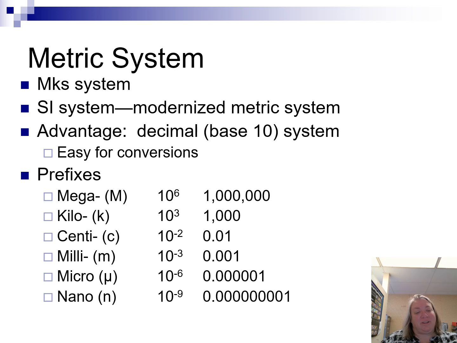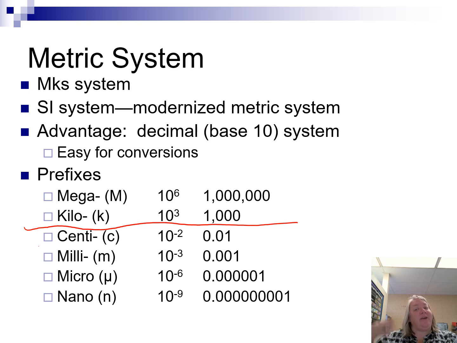So on this one, let's see if I can get my pen to write here. Let's try this one. Our base unit would be right here. Now, a lot of times we focus on things that are 1,000 times bigger or 1,000 times smaller. So 1,000 times bigger than a base unit, you would put a prefix of kilo.